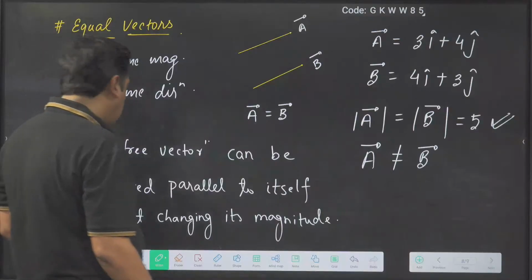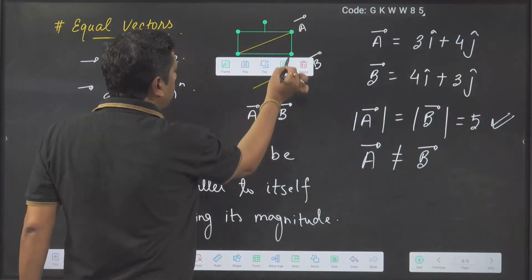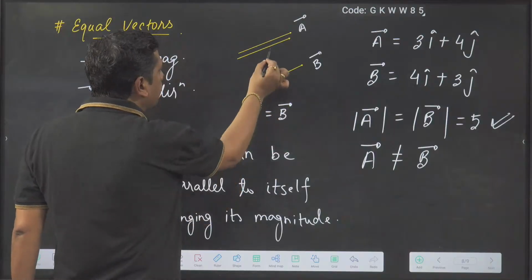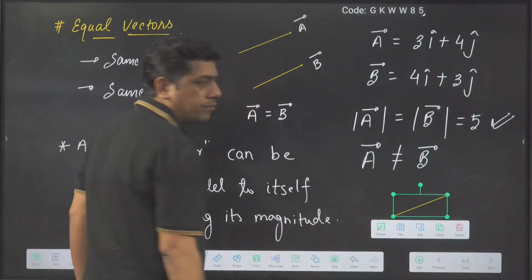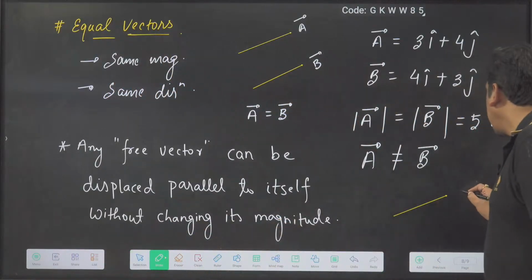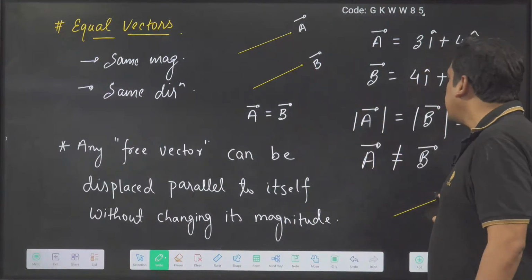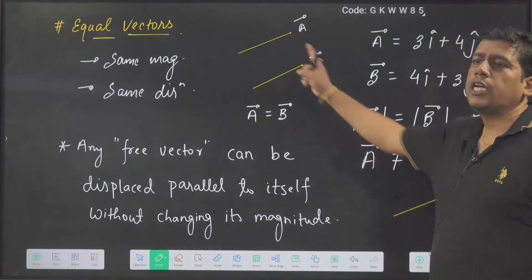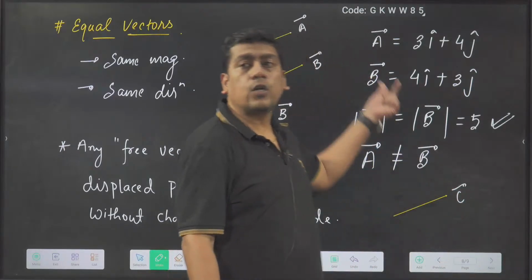Yes, because please understand, if you displace this vector parallel to itself anywhere here, and you call it, let's say, another vector C vector, but since the orientation is same and the magnitude and direction both are same, you can say that C vector is equal to A vector.